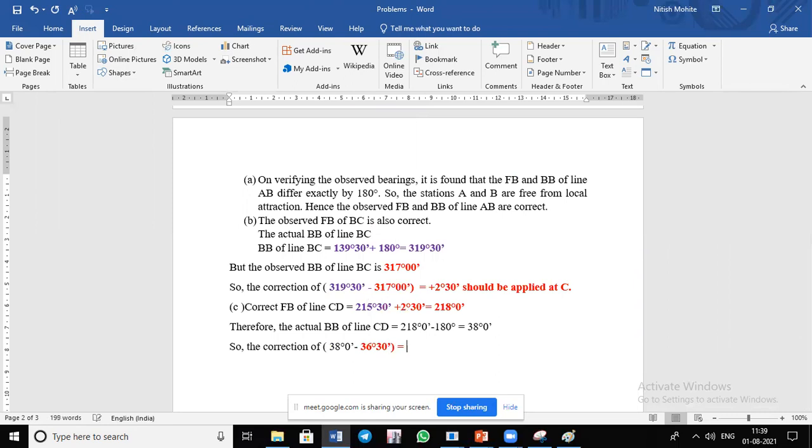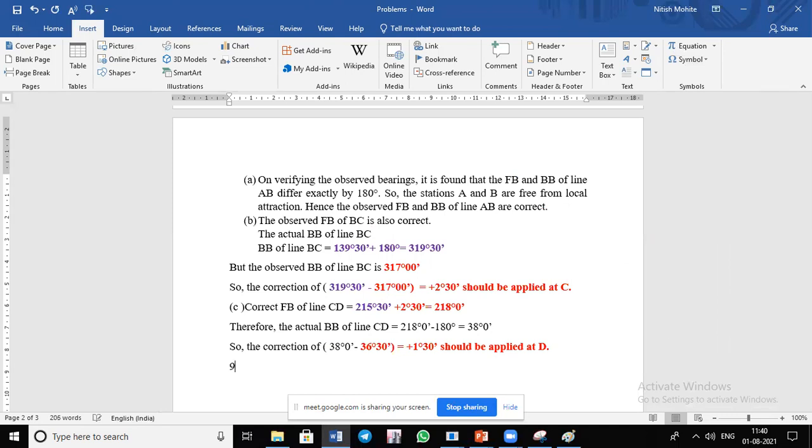Okay. So the difference comes out to be 1 degree 30 minutes. So this correction, that is +1 degree 30 minutes, should be applied at station D. Okay. Got it? So likewise, we are going to do the calculation for the further part.